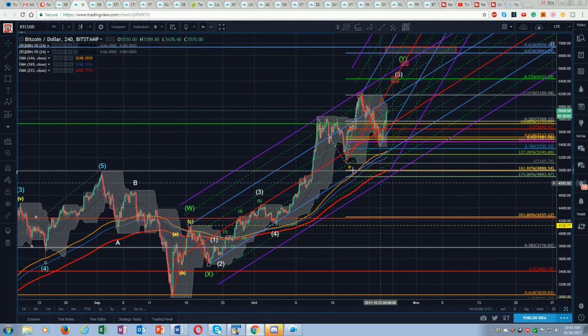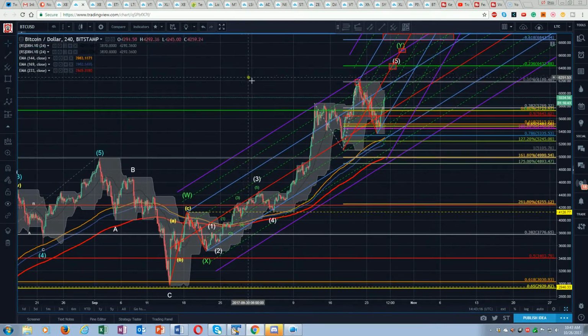All right, so how we end up labeling this long term isn't as important to us right now. So particularly if you're trading off of a 4-hour, unless you're able to spend a lot of time on the smaller time frames and are comfortable consistently relabeling, as is just the nature of trading off of the smaller time frames.